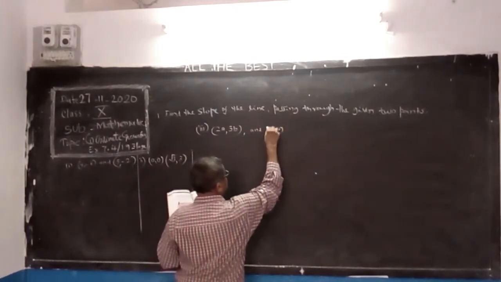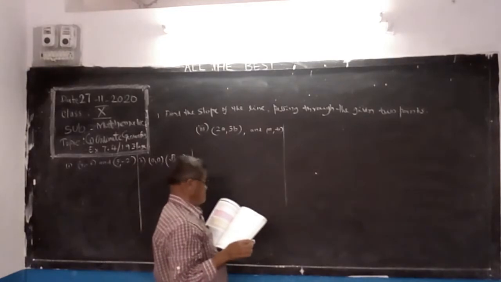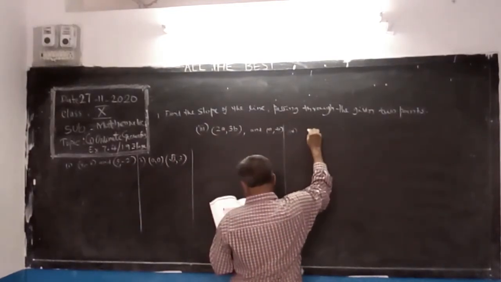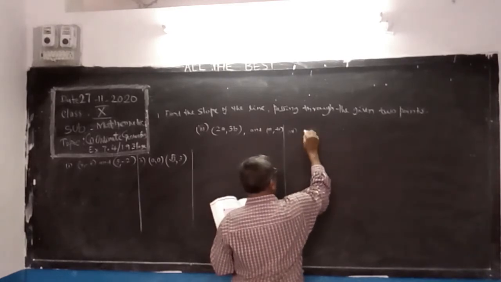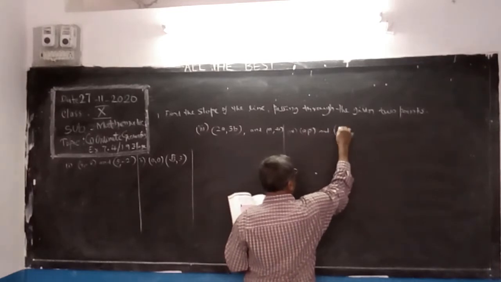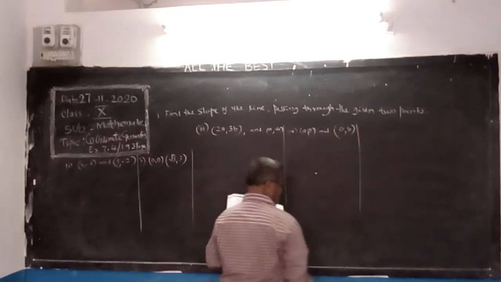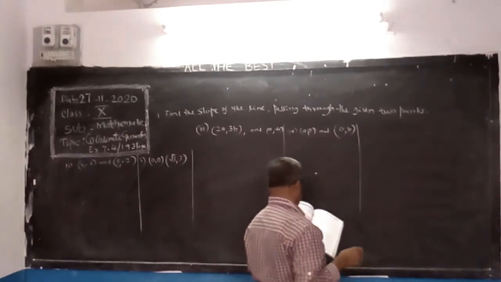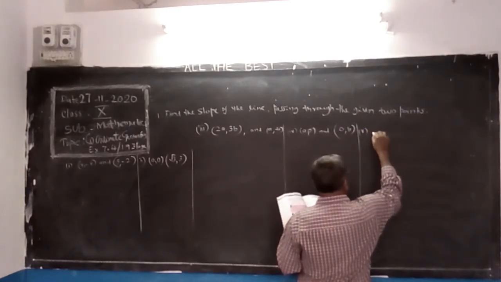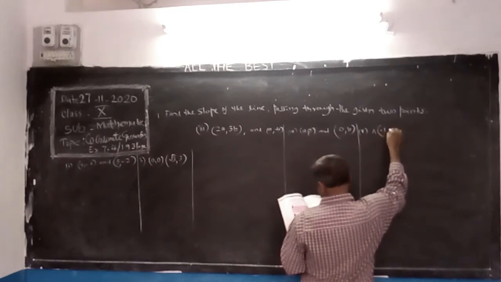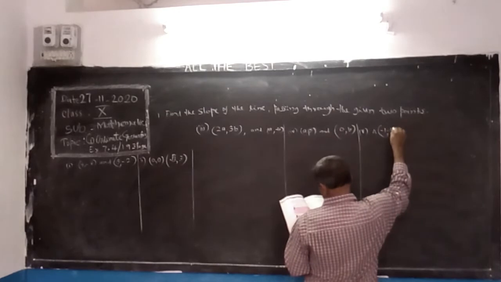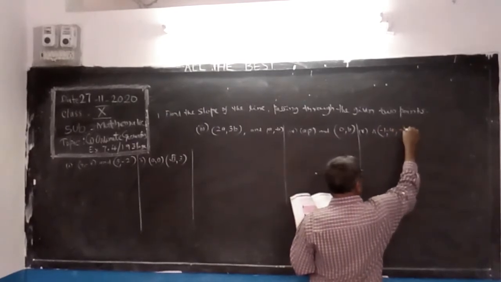Number 4: 0 a and 0 b. Then, A minus 1 comma minus 1.4 comma minus 2.7.